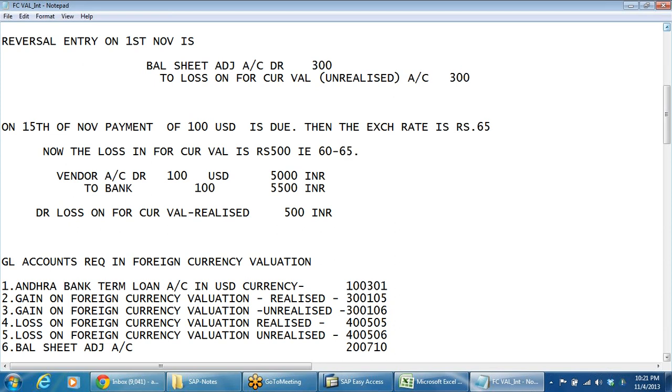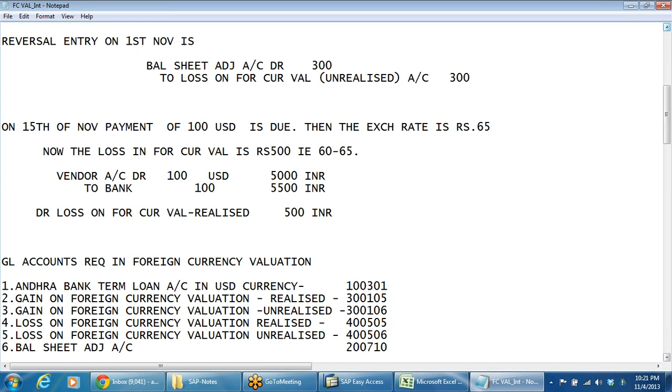On 15th of November, payment of 100 USD is due. Then the exchange rate is 65. So now I have to purchase dollars at 65 rupees. So I need to buy the dollar for 65. That's why my loss is going to be that 500 rupees.